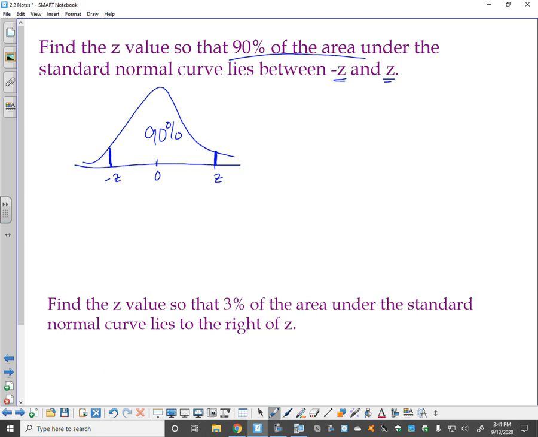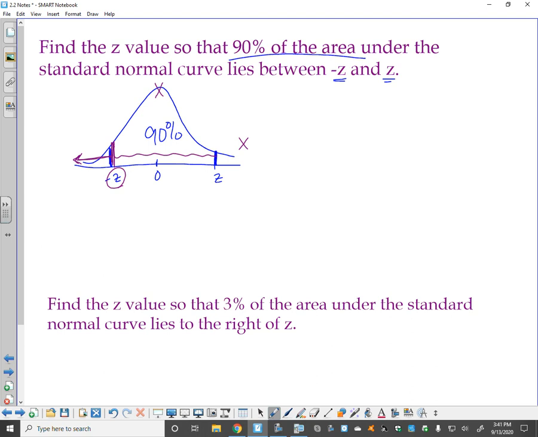Like if I get a 2.7, then I know the other one's a negative 2.7. It's symmetrical, okay? Now, focus with me on the fact that this is 90%. Remember, we need to think percent to the left. So I need to know how much this is. I don't care about this. I don't care about this. I want this. And that's going to find me this guy right here.